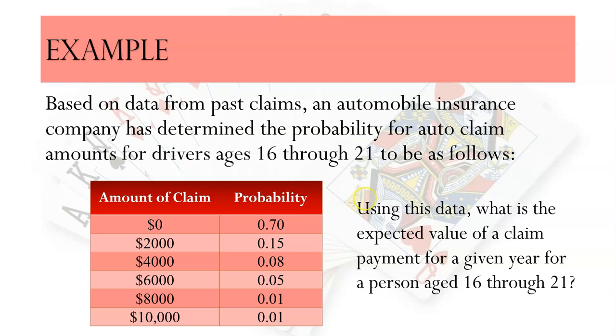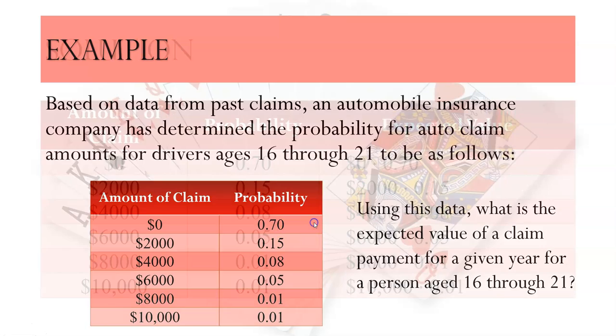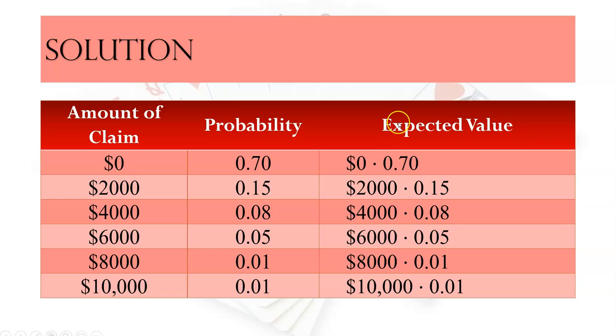So what we're going to do to calculate this is the amount of the claim will be the event value, and we're going to multiply each one of those by their corresponding probabilities. The easiest way to do this is to just extend the chart out and make another column. So 0 times the probability, $2,000 times its probability, $4,000 times its probability, and so on.